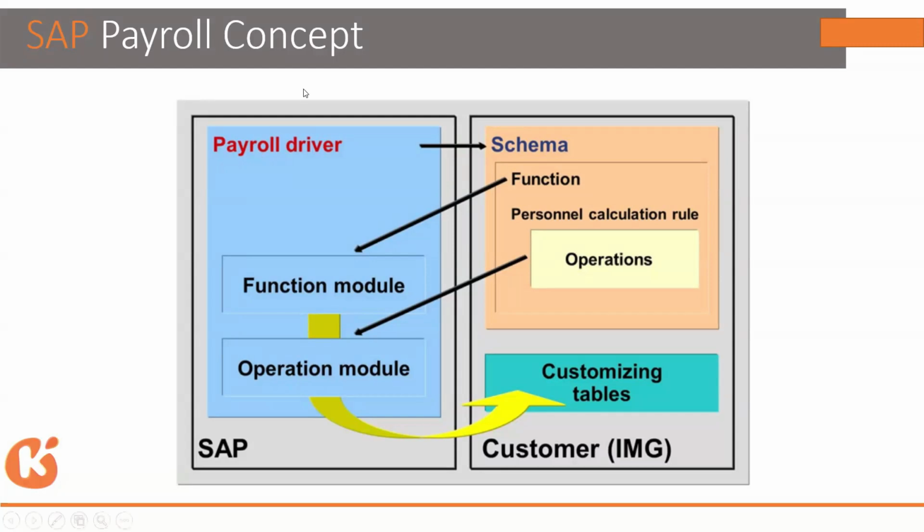So the schema will contain your functions. Here you can see function. There are certain functions that we're going to see in the slide, but more detail about the functions is something we're going to see in a regular session. Especially in the payroll schema, you'll have a sub schema, and the sub schema has operations, like OUTWP.